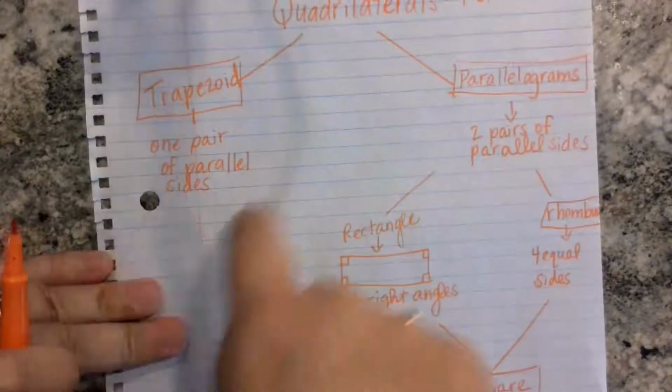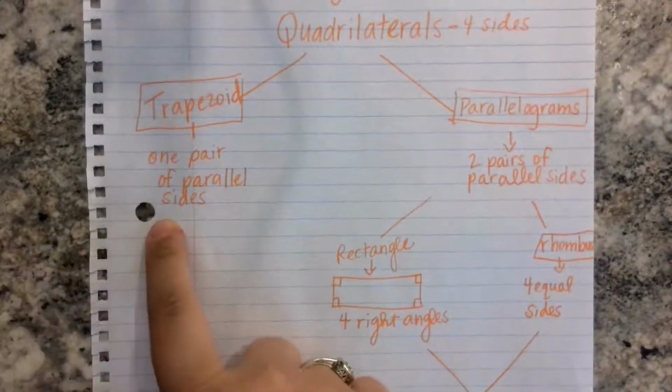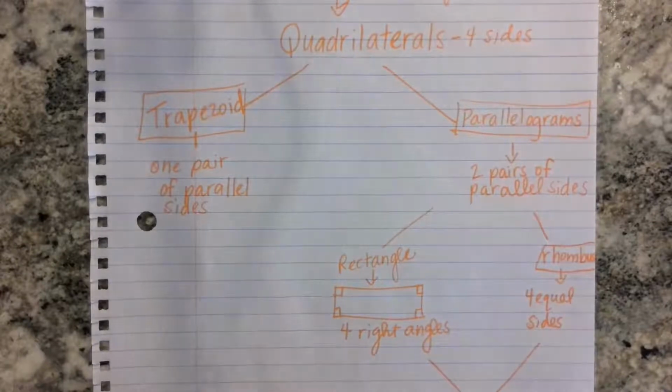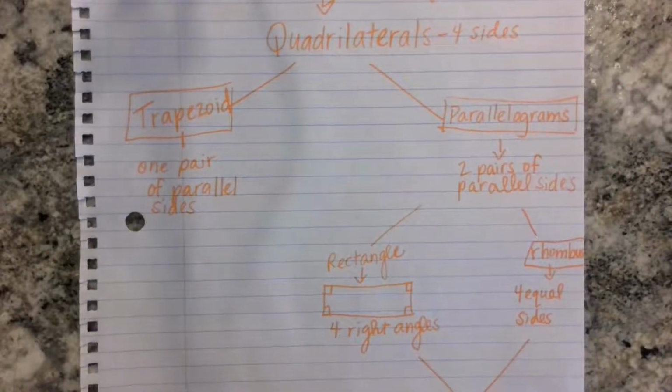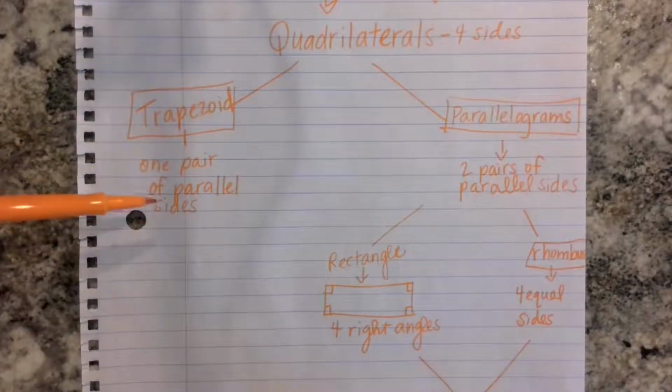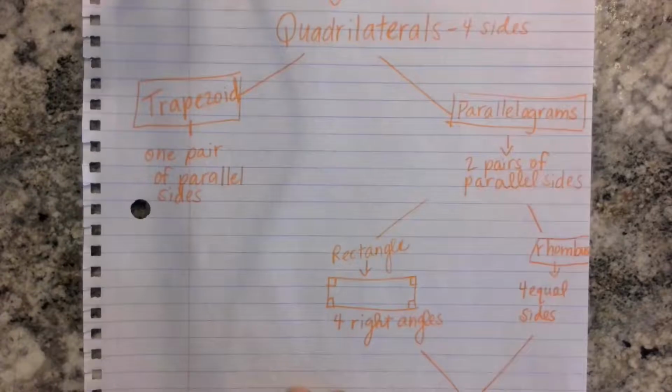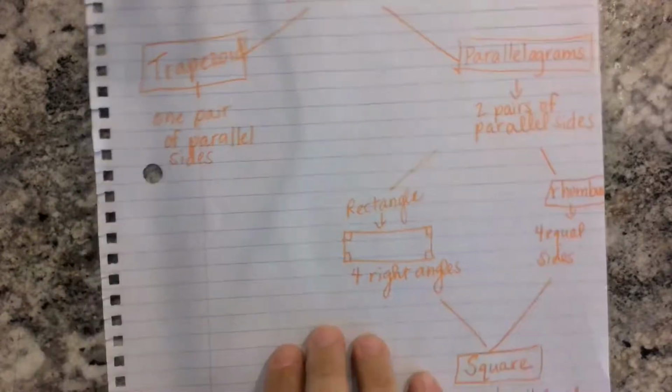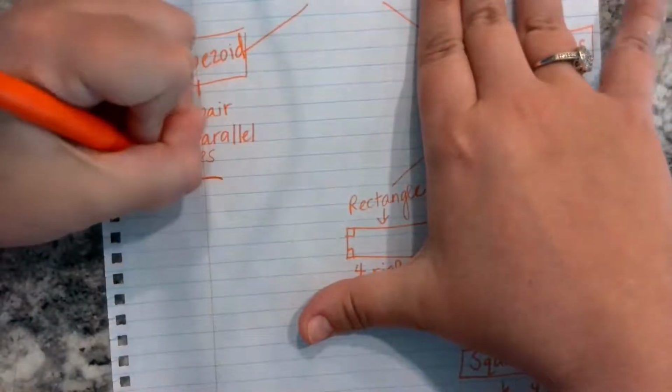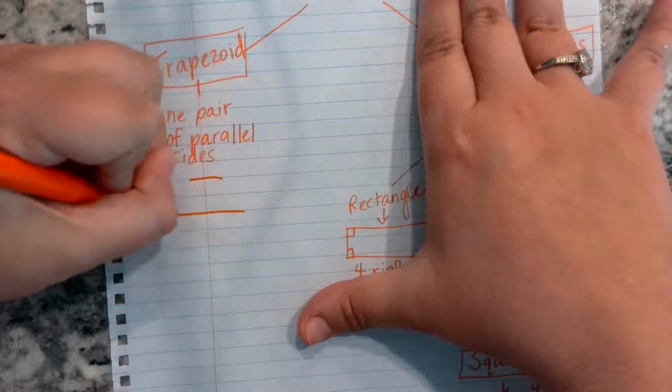Alright. Then let's talk about trapezoid, because a trapezoid is kind of its own type of quadrilateral. It really doesn't go with the other types, other than it does have four sides, but it only has one pair of parallel sides. So the type of trapezoid that you might be used to seeing might look like this.